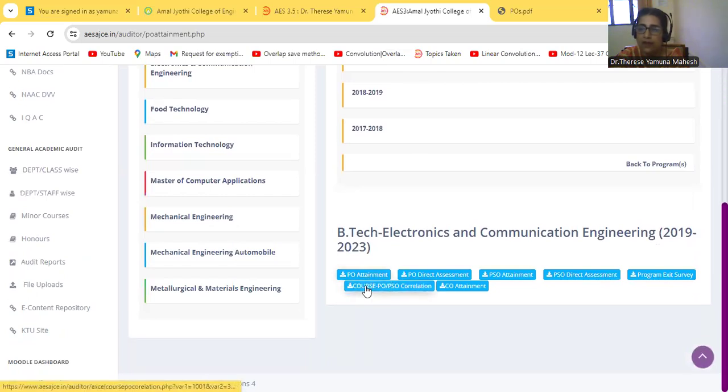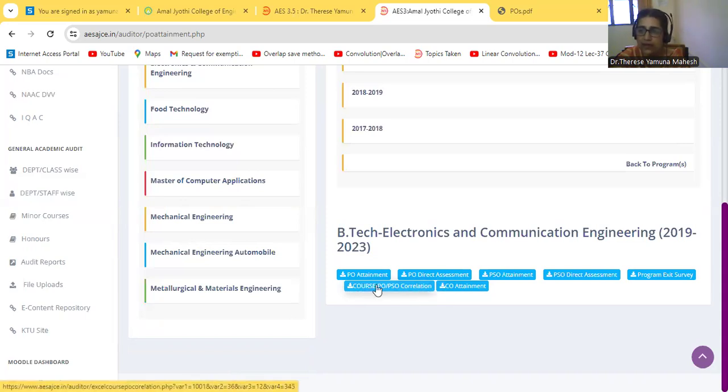AES provides me with all these tabs. So the basic attainment calculation is the CO attainment calculation. AES provides it over here. Then you have the correlation mapping between the course outcomes and the program outcomes, and also between the course outcomes and the program specific outcomes.